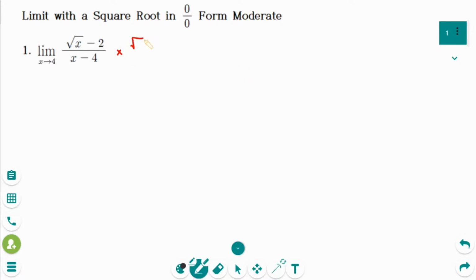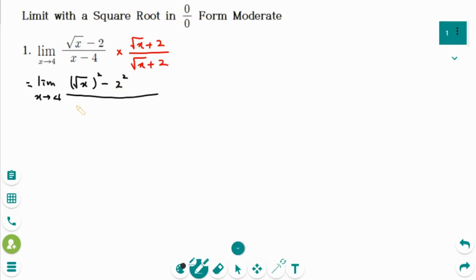Multiply square root of x plus 2 on each side. Then limit as x approaches 4. Expand the numerator. Square root of x squared minus 2 squared over, but keep the denominator factored.